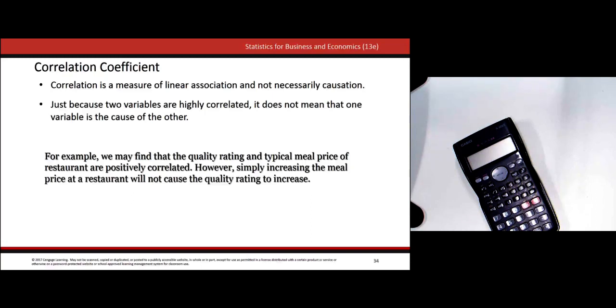Just because two variables are highly correlated doesn't mean that one variable is the cause of the other. For example, we may find that the quality rating and the typical meal price of a restaurant are positively correlated, but simply increasing the meal price will not cause the quality rating to increase.